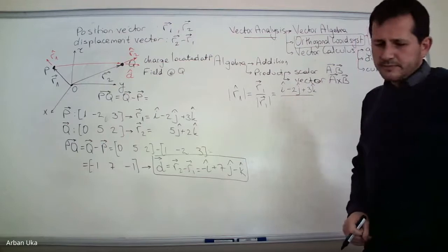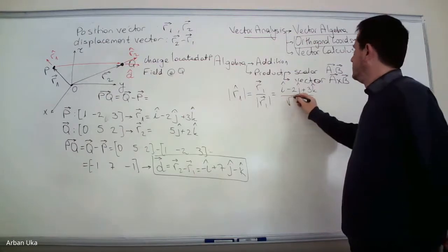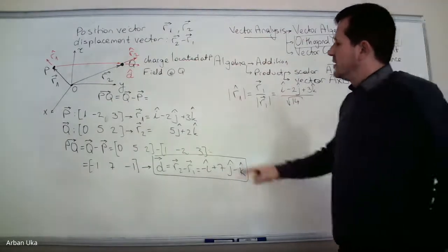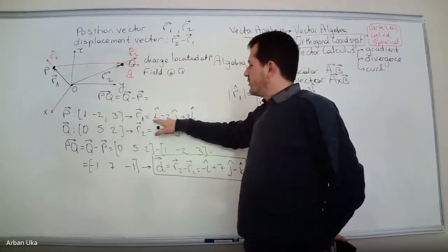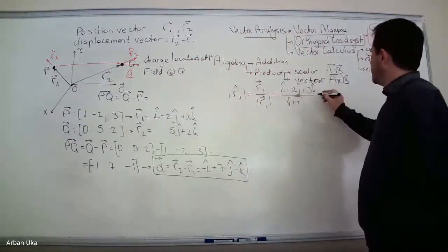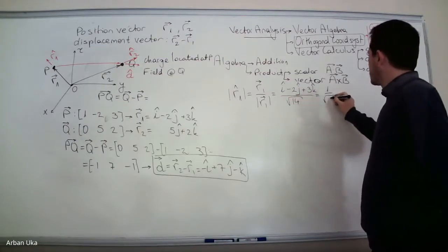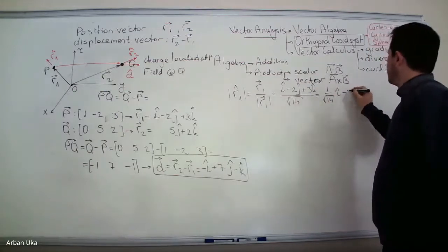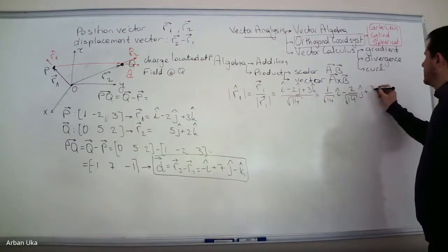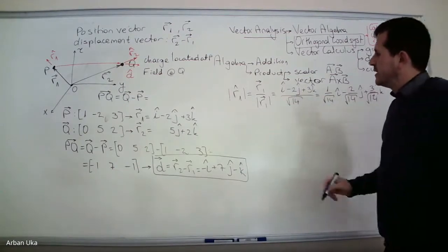What is the magnitude of R1? So this is the magnitude of R1 because we do the inner product of R1 with itself. We get 1 plus 4, 5 plus 9, 14. So the unit vector along R1 can be written as 1 divided by the square root of 14 i minus 2 over square root of 14 j plus 3 over square root of 14 k. Okay, so this is R1.